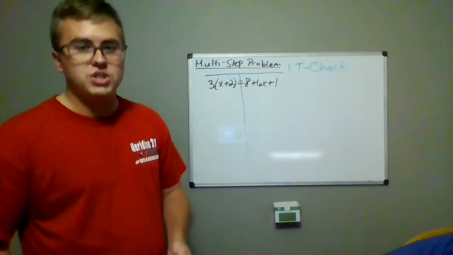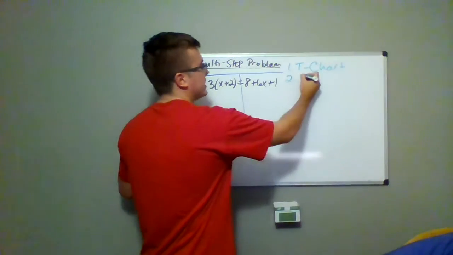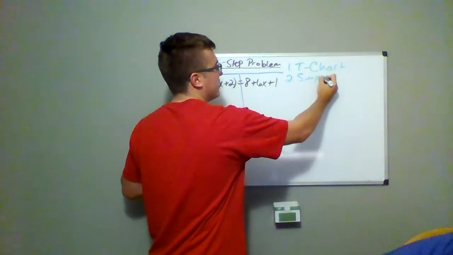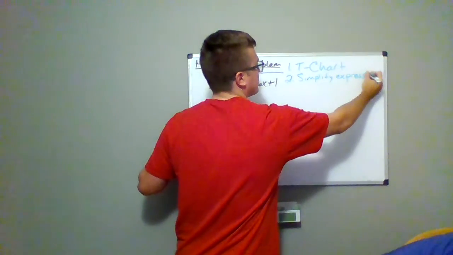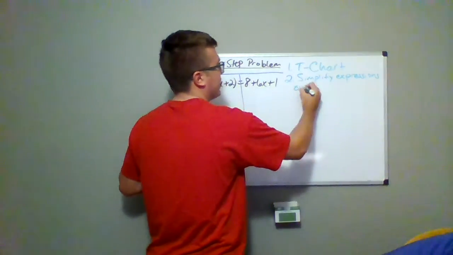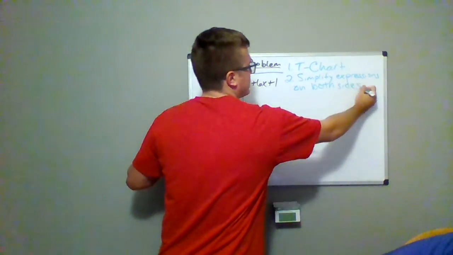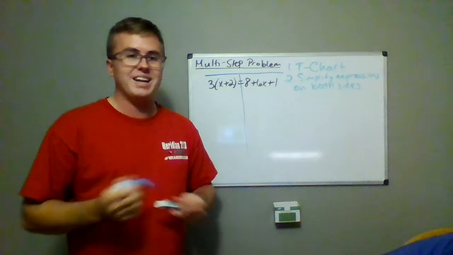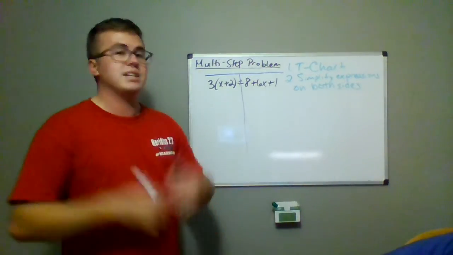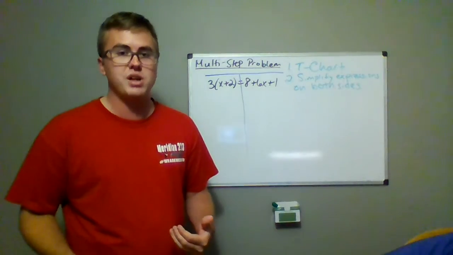Step number 2, it's going to sound a little bit weird, but we'll go through it, is going to be simplify expressions on both sides. So this is going to be very similar to how you've been doing it in the Delta Math assignments for Chapter 1, where you had to simplify expressions.